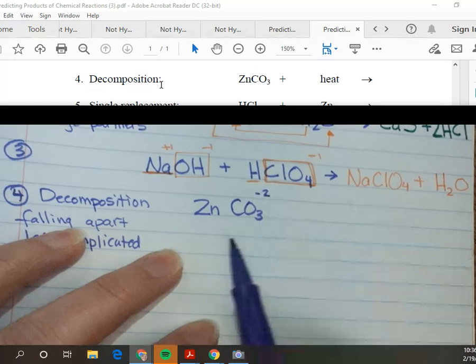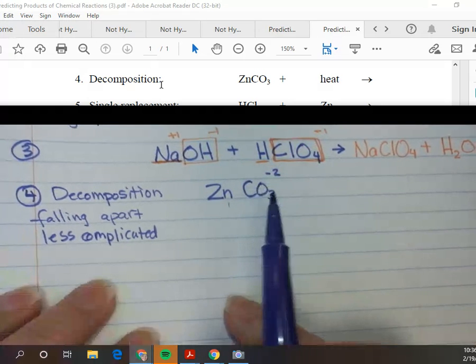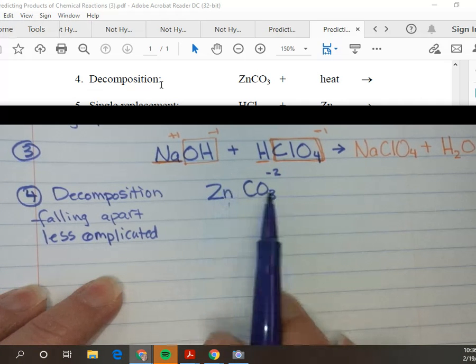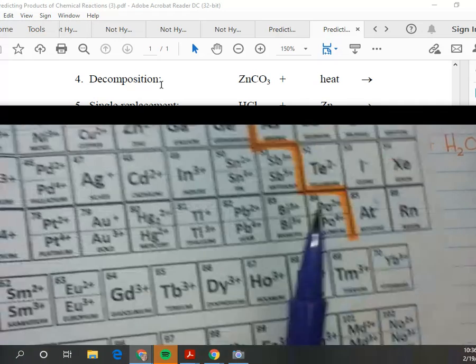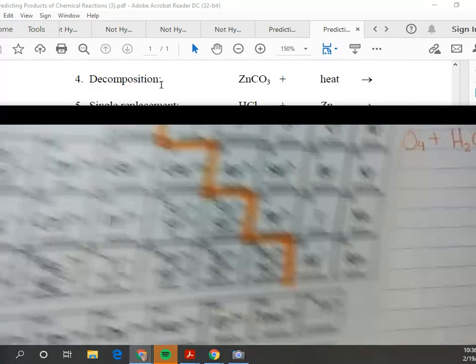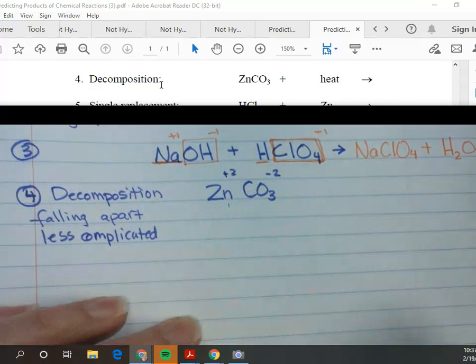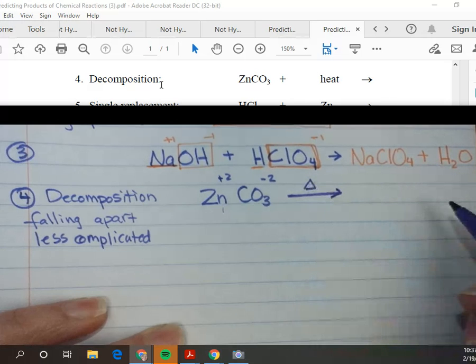If we think about it, well, we could guess that zinc then has to have a +2 because they cancel each other out. Or we could look at the periodic table, or we could look at our cheat sheet. Zinc makes a +2 cation. So they did cancel each other out. And then the heat should really be here as adding heat.